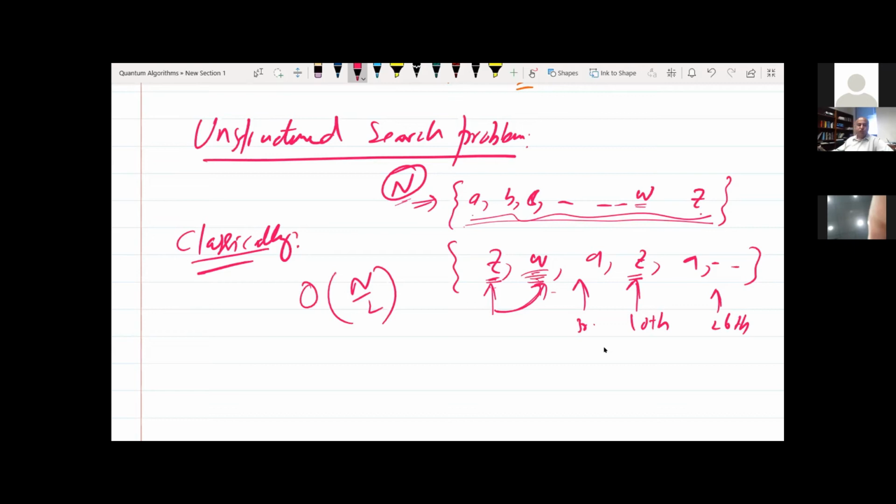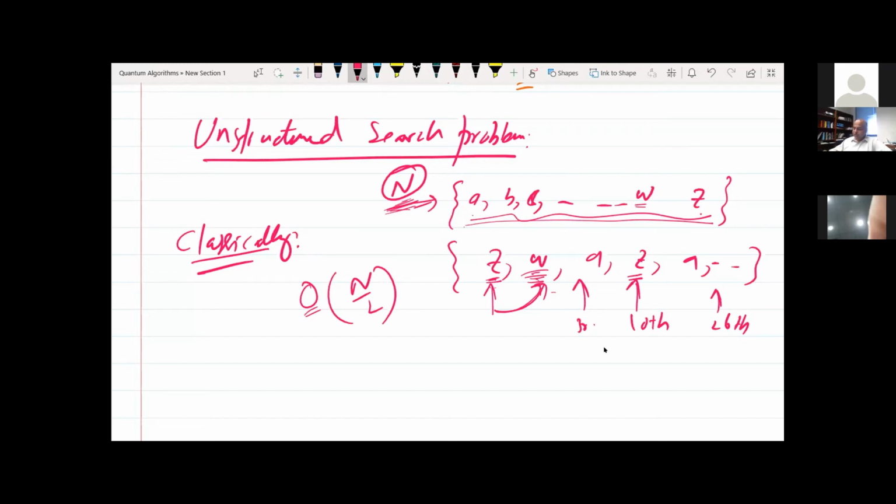Same is true, let's say you have a database of names, or database of numbers, and so on. If you don't have any structure, like your data is randomly shuffled, then the number of queries that you need to send out to this database is proportional to the number of elements in the database. If there are 1 trillion elements in this database, you need about 1 trillion searches through this database to find what you are looking for.